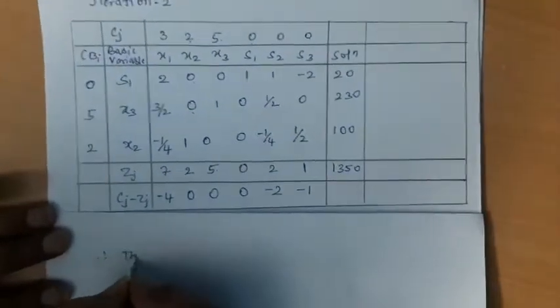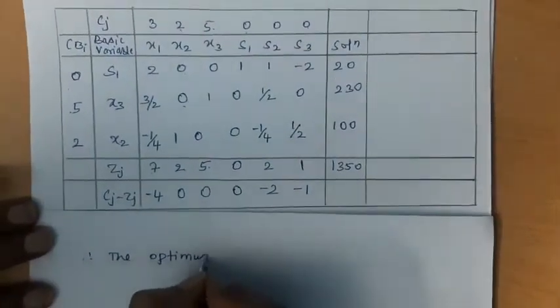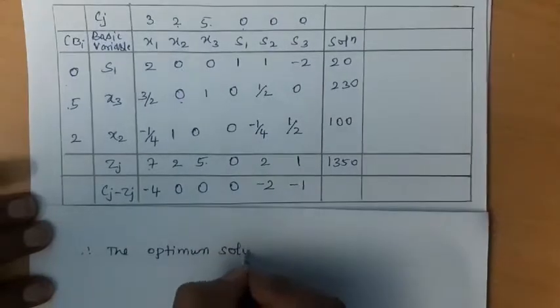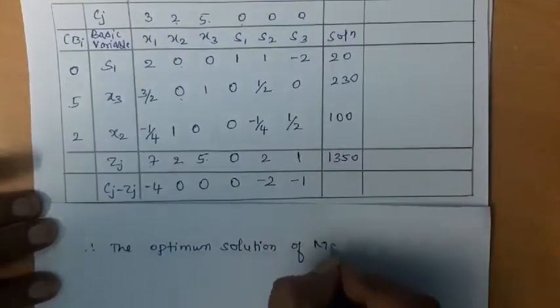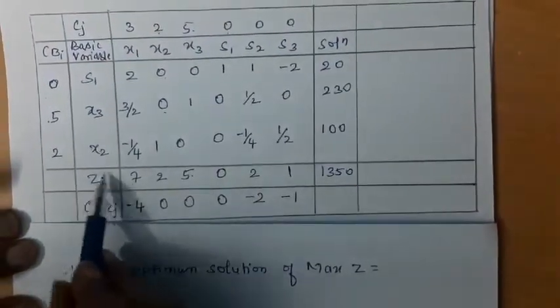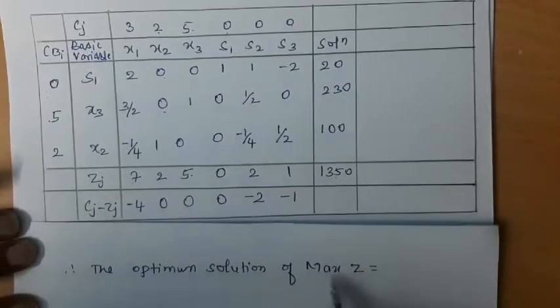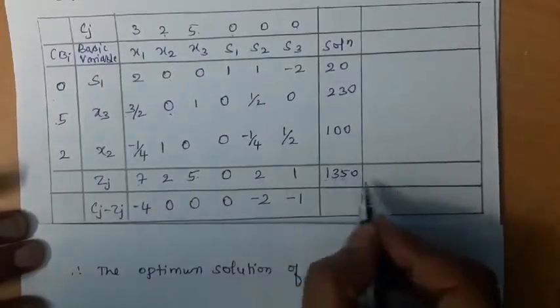Therefore, the optimum solution of max z is equal to, we need to write down the Zj solution value, that is the max z solution value, optimum solution. So we got 1350.